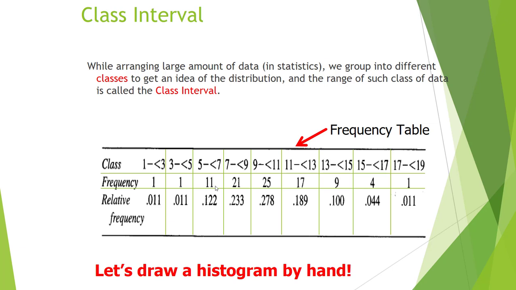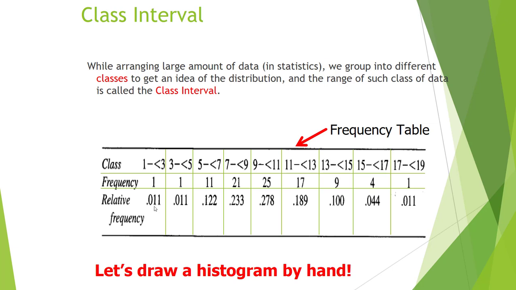Okay? Now let's take a look at relative frequency. You will ask me, okay, how did you get this number? What I did is, because I have 1 home in this class, and the total number of homes I have is 90, I'm going to use 1 divided by 90. So I got 0.011.